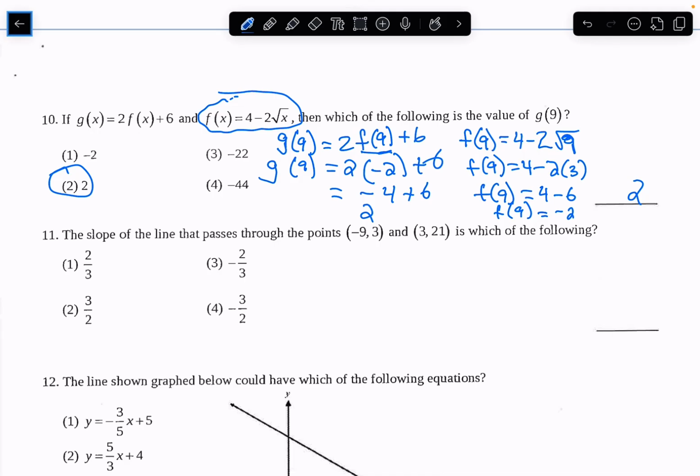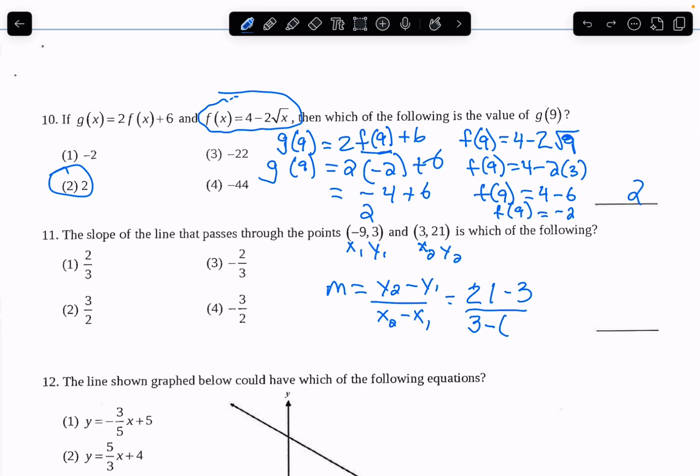They want to know the slope, right? So we have the x1, y1, x2, y2. Okay, our slope is equal to y2 minus y1 over x2 minus x1, which is 21 minus 3 over 3 minus negative 9.